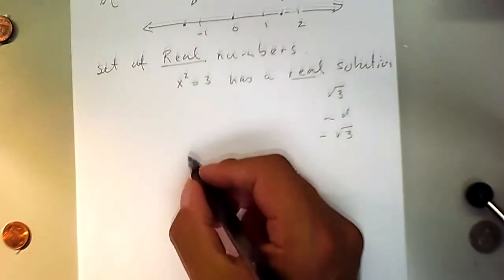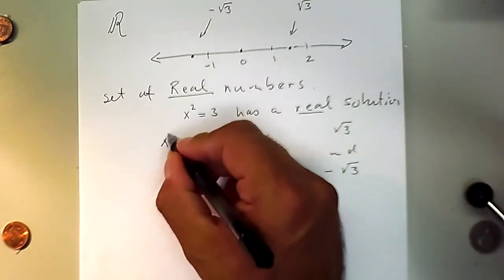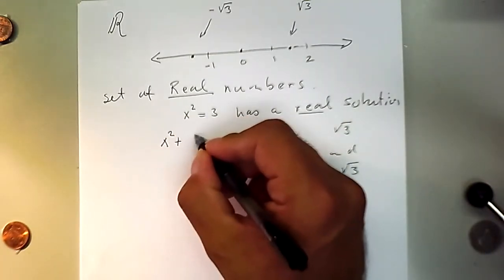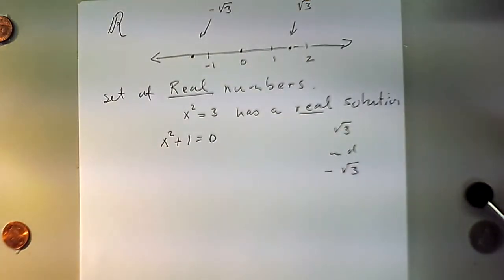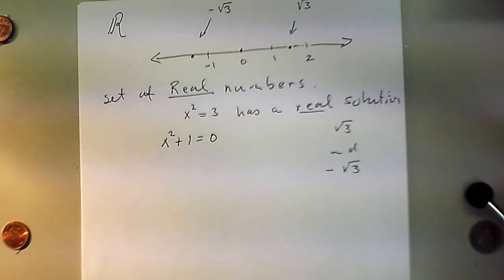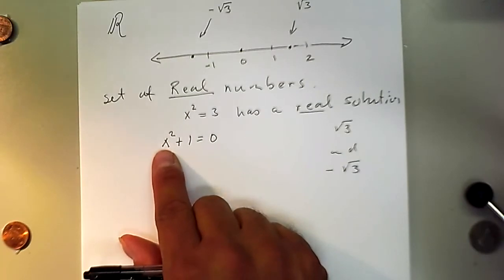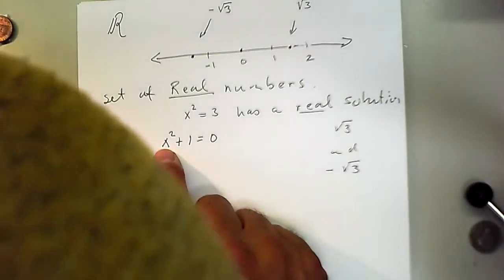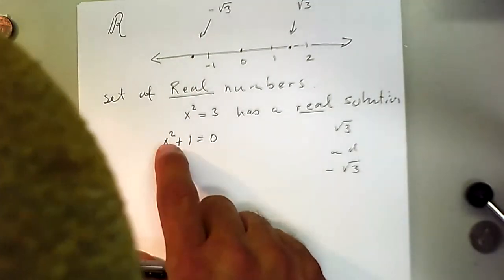The new equation is x squared plus 1 equals 0. It's a very simple equation, which cannot be solved with real numbers. The reason is that every time you square a real number, the answer will not be negative. It will be either 0 or positive.